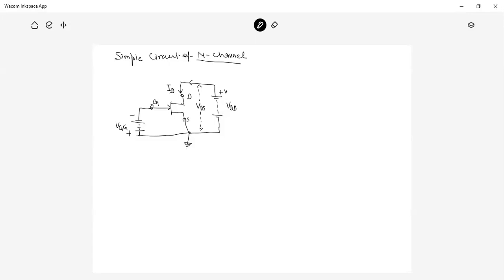So this is the source. If you put a milliampere meter, there is a current, and you can have the voltage, and this is VGS. VGS, this is the voltage. So these are the parameters.